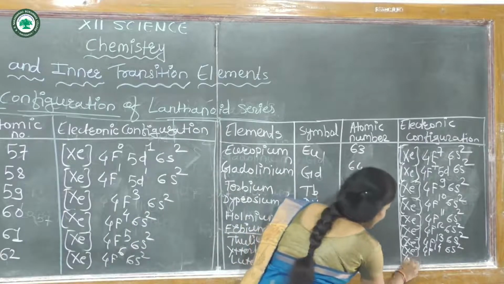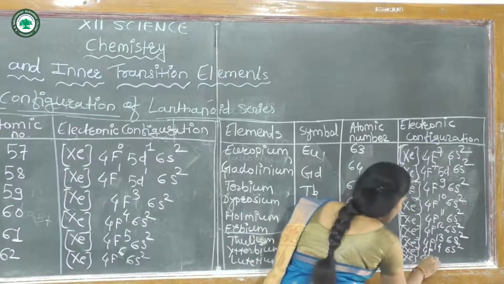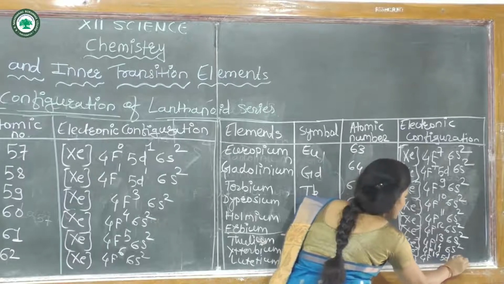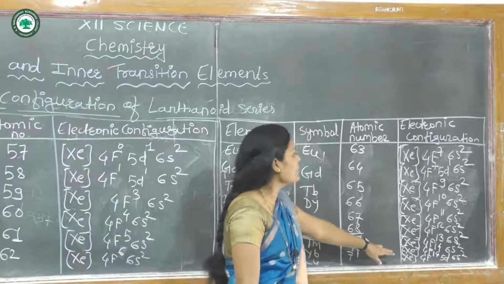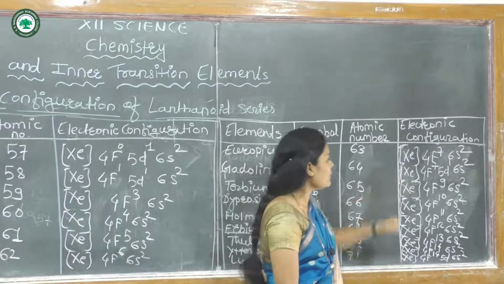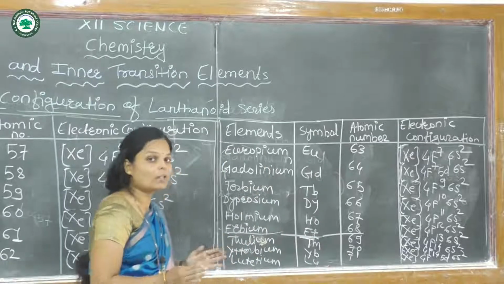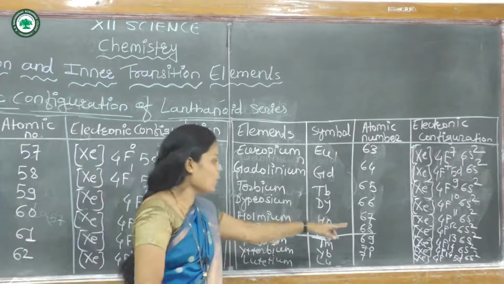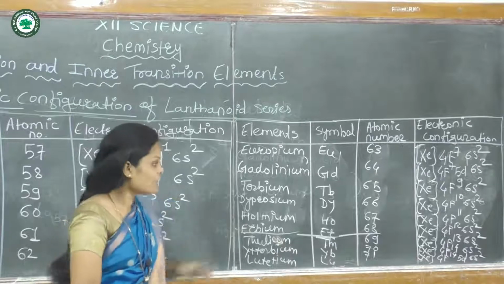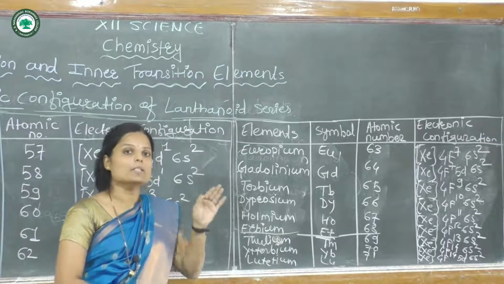Here you can write xenon, 4f14, 5d1 and 6s2. This is similar to gadolinium, because the last electron is shifted to the d orbital, and that's why its electronic configuration is 4f14, 5d1 and 6s2.